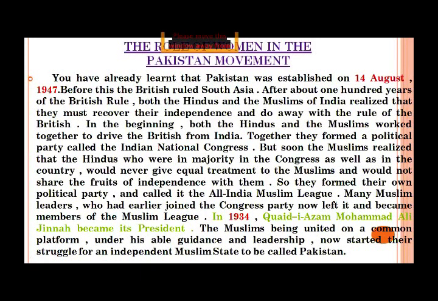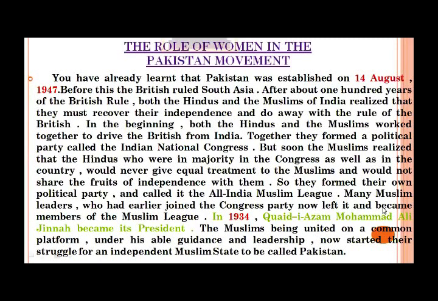Actually, they thought if the British left India, they would not be given equal rights by the Hindus. So after this realization, the Muslim leaders formed a new political party which was called, very famous, All India Muslim League.